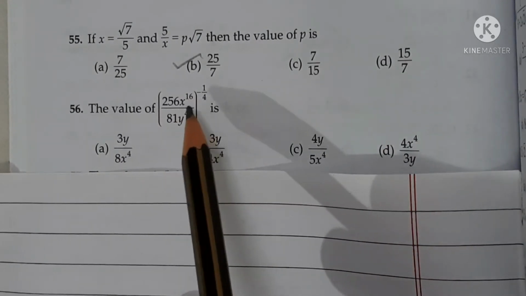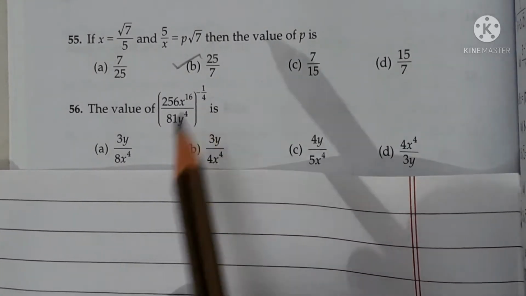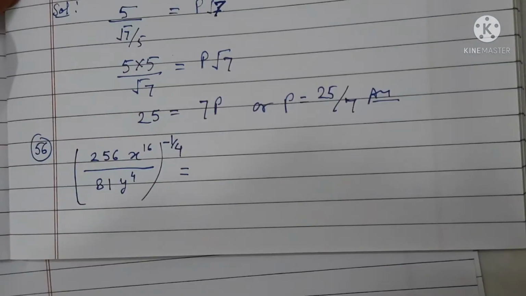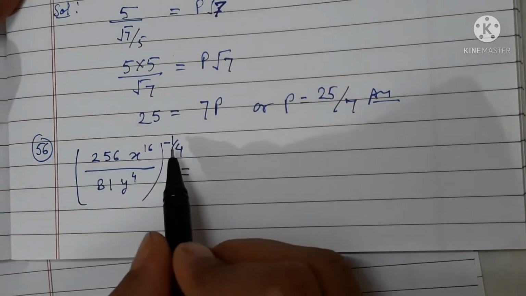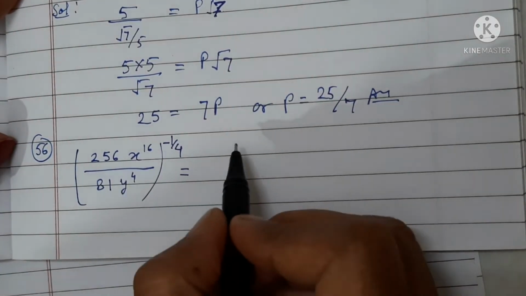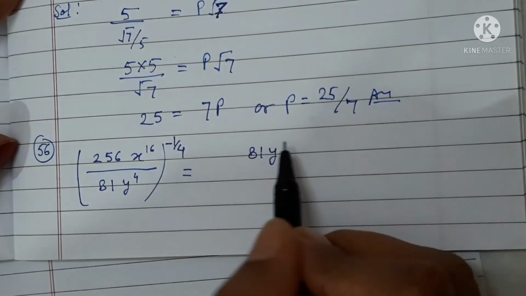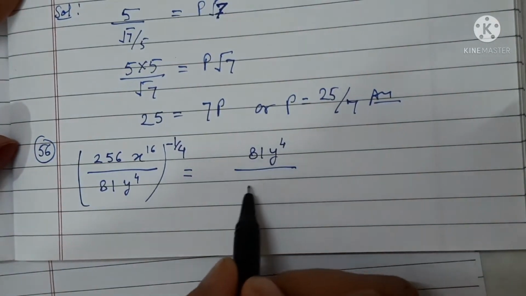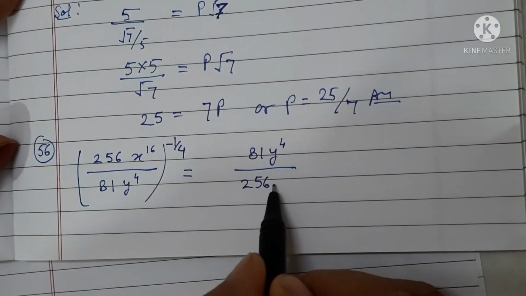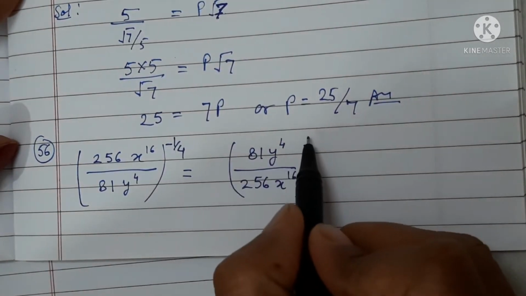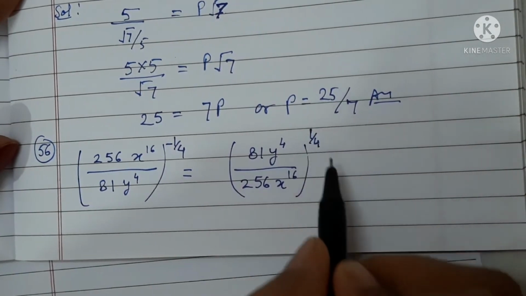Now let us see how the answer comes. Reciprocate the numbers, not the powers. So you can write 81 y to the power of 4 upon 256 x to the power of 16, and here this minus becomes positive 1 upon 4.